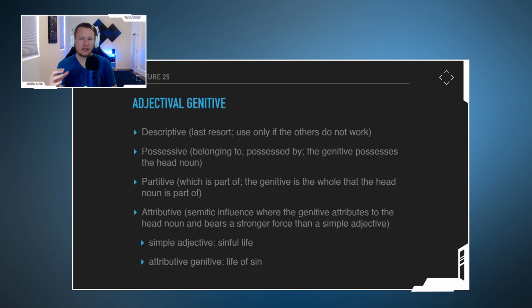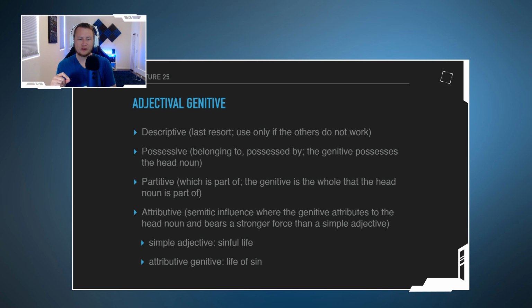So normally an adjective would match in case, number, and gender, right? But you can have an attributive genitive attached to a head noun, and that head noun might not be a genitive. It might be accusative. It might be nominative. Okay? You can have a simple adjective, right? Sinful life.